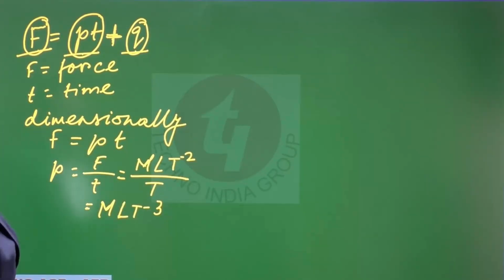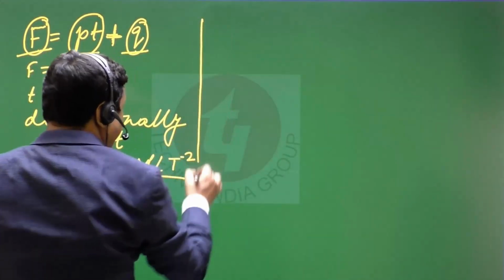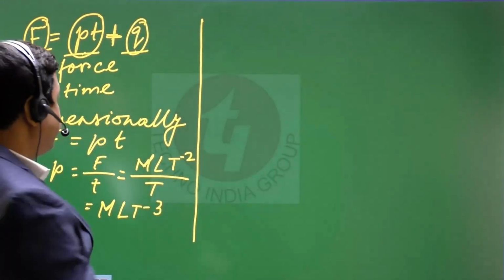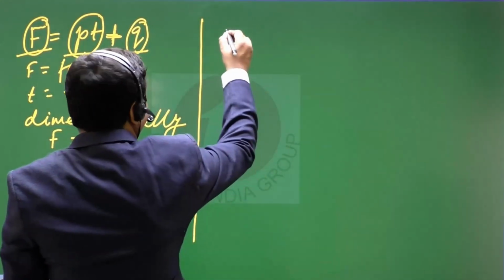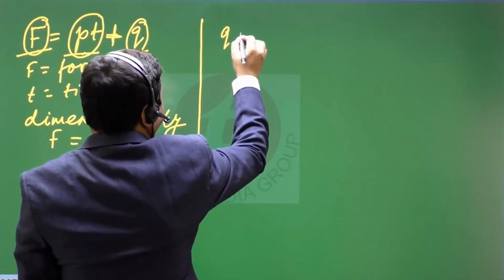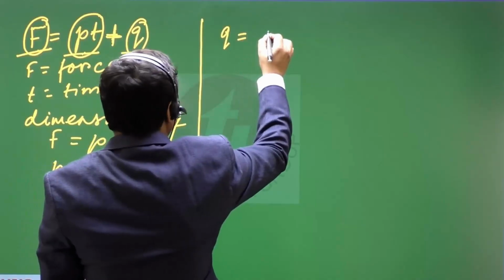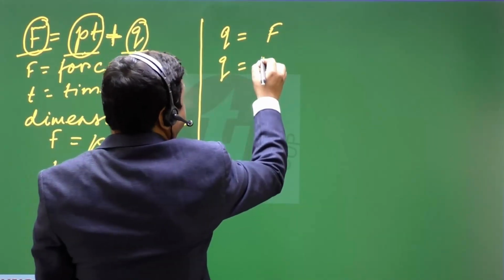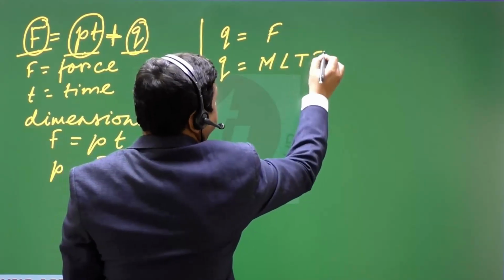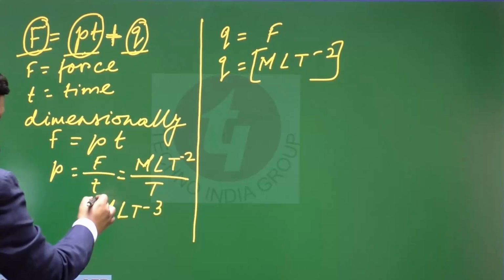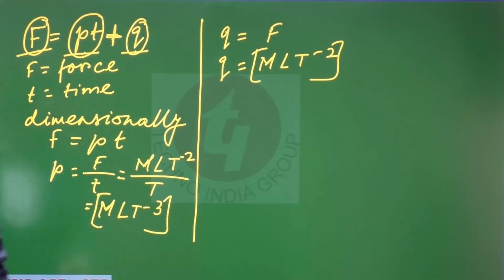And also PT and Q have the same dimension as F, so the dimension of Q will be M L T to the power minus 2. Okay, this is the dimension of P and this is the dimension of Q. Is it clear?